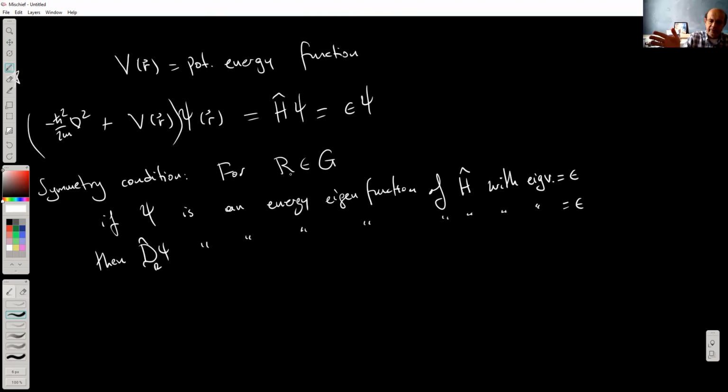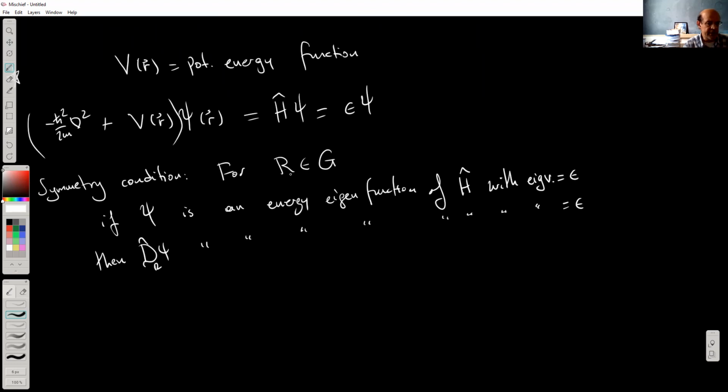It's not saying that if I rotate an energy eigenfunction, I get the same wave function. No, it doesn't say this. It says that if I rotate this energy eigenfunction by a rotation in the symmetry group of the molecule, then you get another function, which is also an eigenfunction.